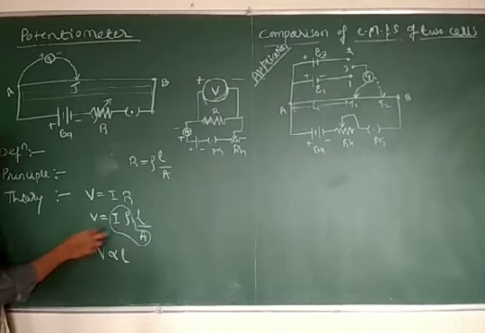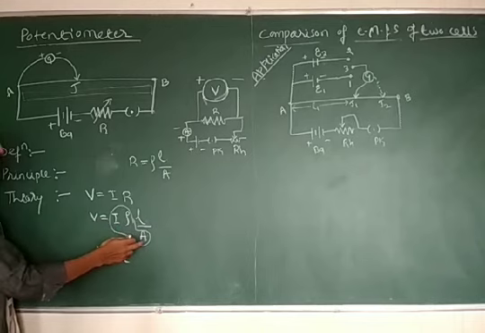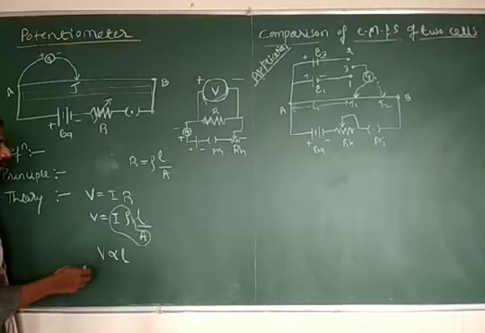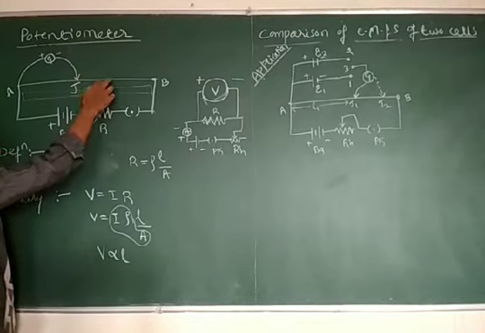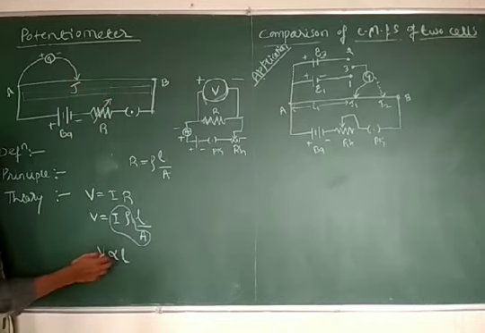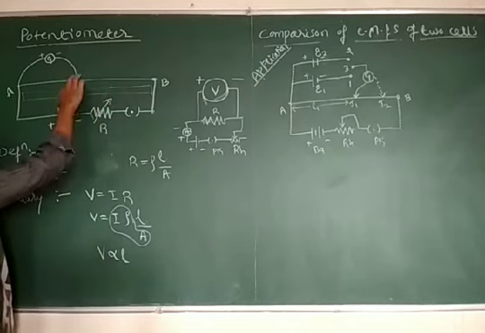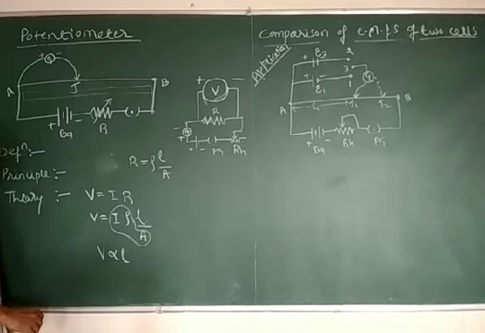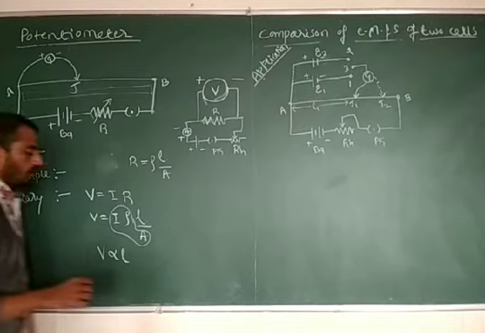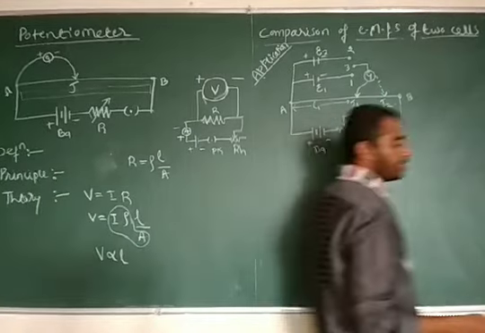When a steady current passes through a potentiometer wire of uniform cross-sectional area, the potential drop between 2 points on the wire is directly proportional to the length between those 2 points.